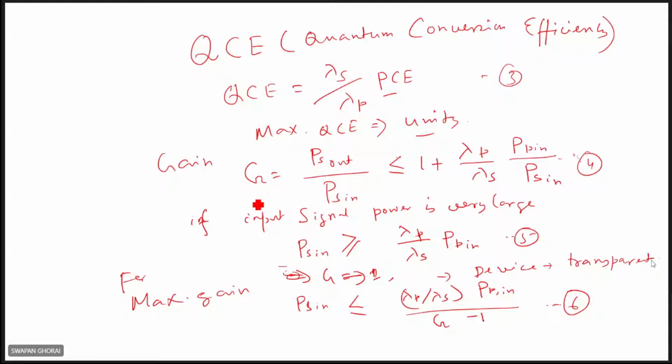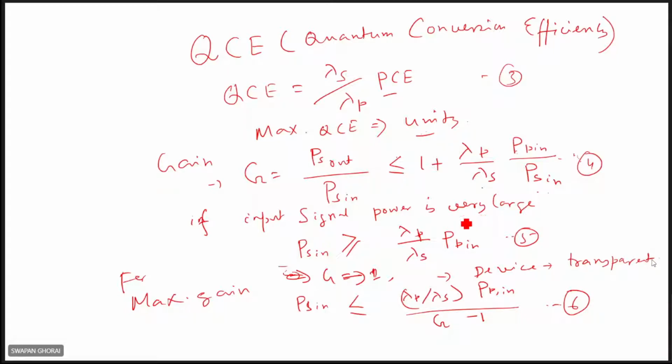So the gain factor, for any gain, is output by input. You can write G as P_s output by signal input. From the previous conservation of energy, that is 1 plus lambda p by lambda s times pump input by signal input. So signal input power is always less than the pump input.